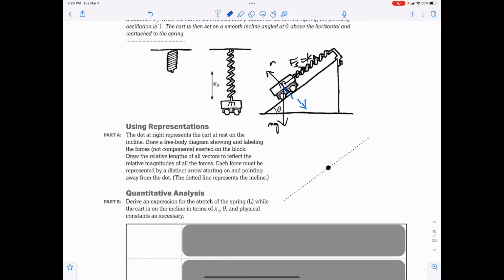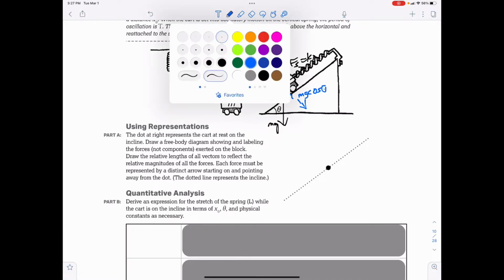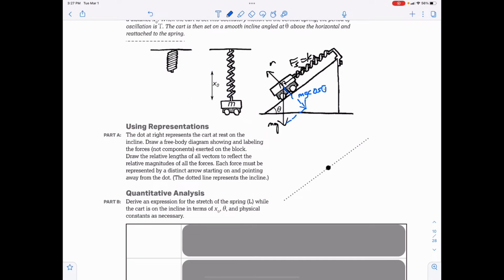And then from there I've got my mg cosine of theta, which is exactly the same length as my normal force because they balance. And I've got this one here, which is mg sine of theta, and that is perfectly balancing Fs equals kx. Now you're just simply going to transfer those three forces right here.